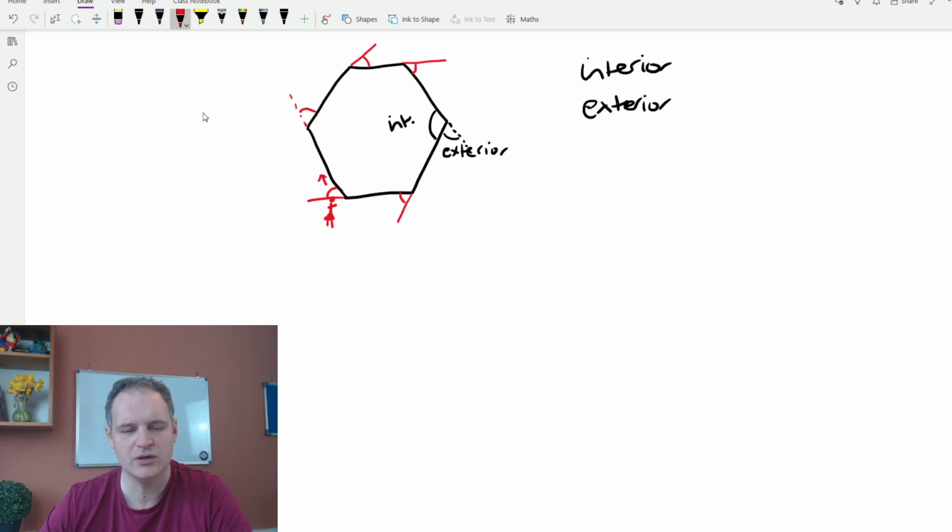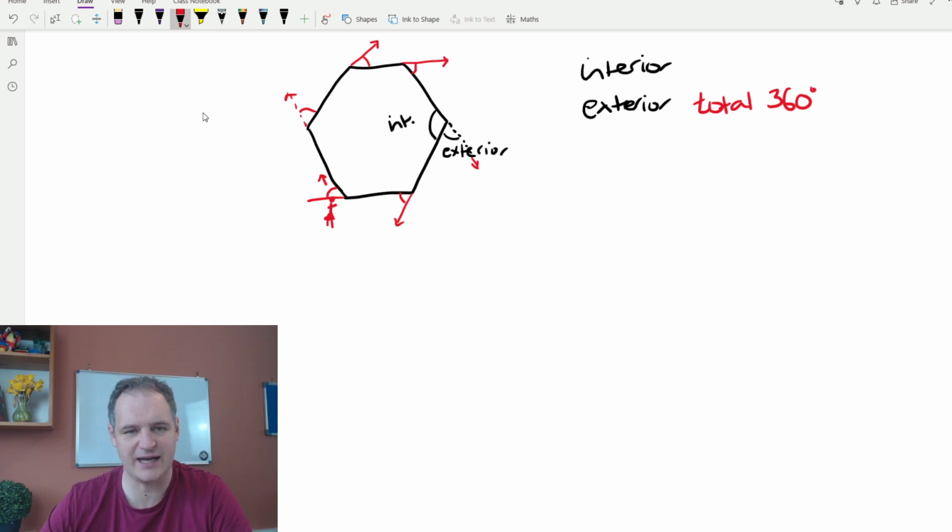In total, they have never faced the same way twice. They were facing up that way, up that way, down this way, and then this way. If you've never faced the same way twice, that means there must be a total of 360 degrees exterior angle.